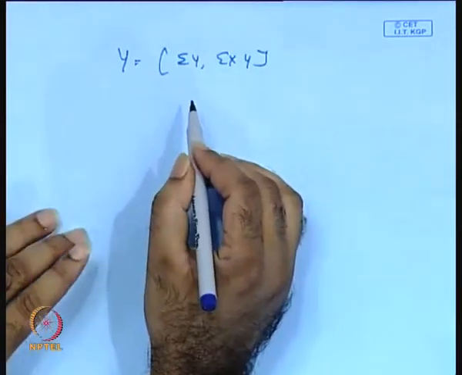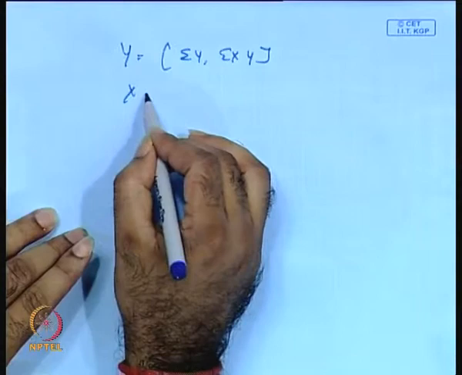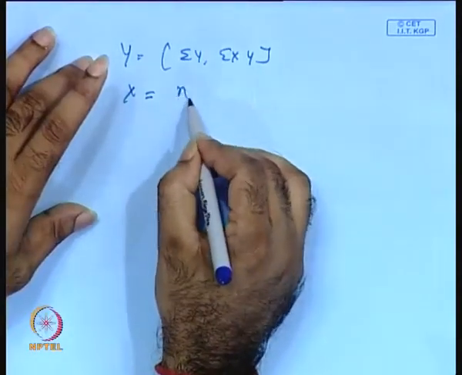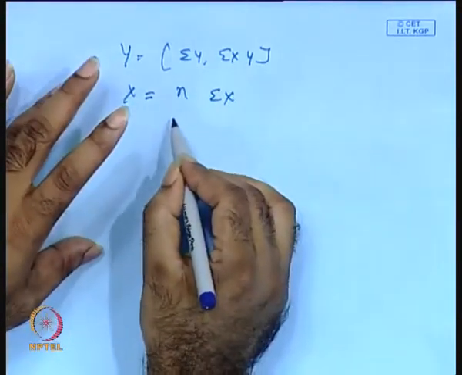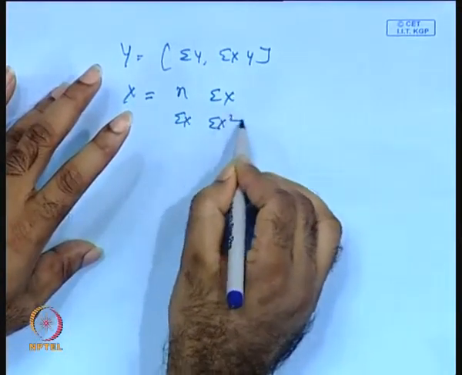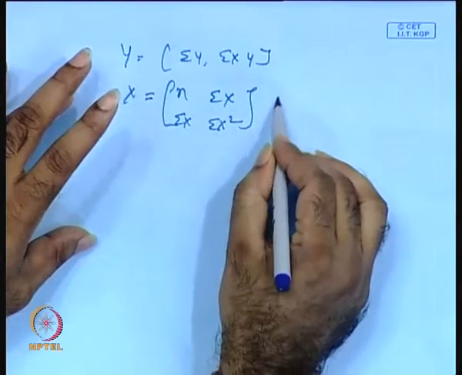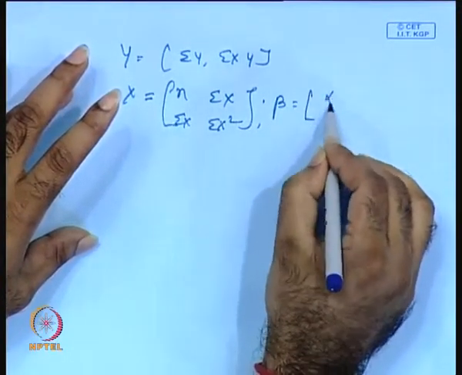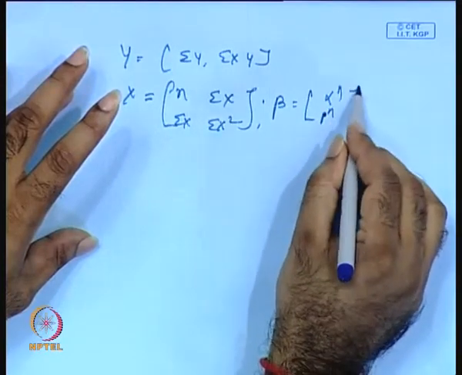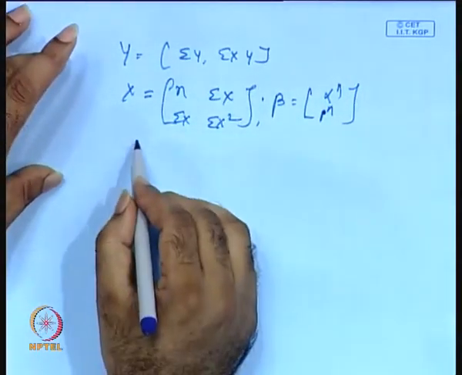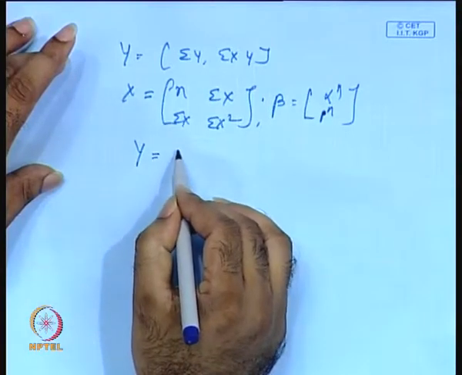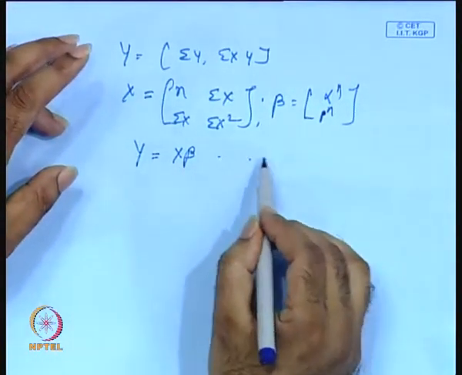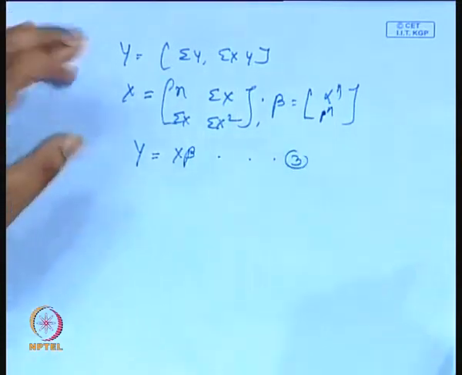Then x is n, summation x, then summation x, summation x squares. Then beta is alpha hat and beta hat. So the whole system is represented as y equal to x beta. Let us assume that this is equation number 3.